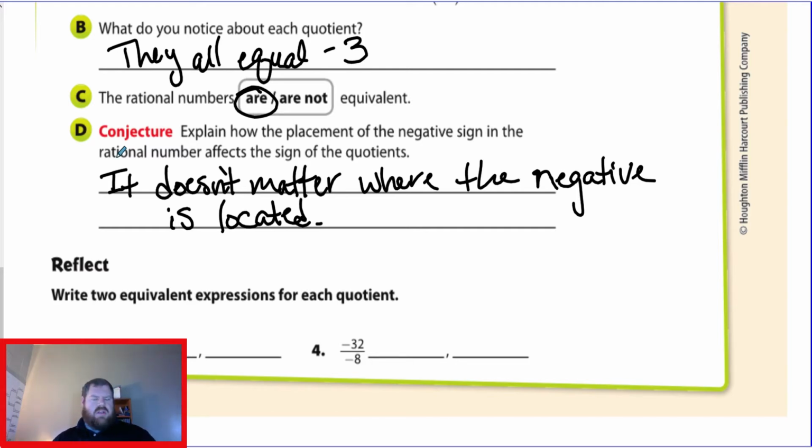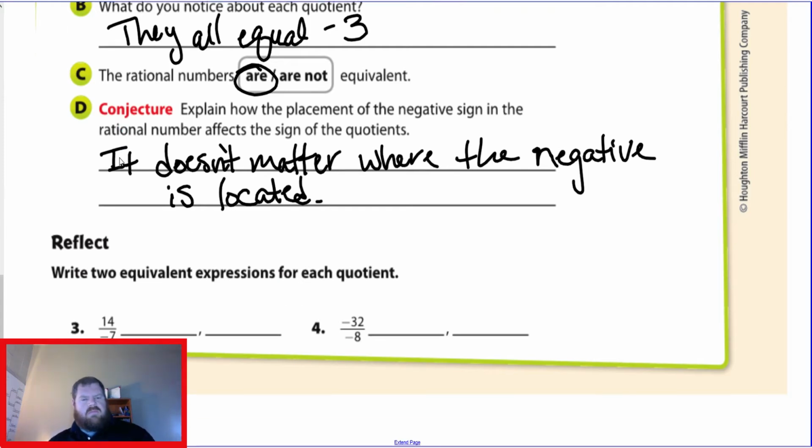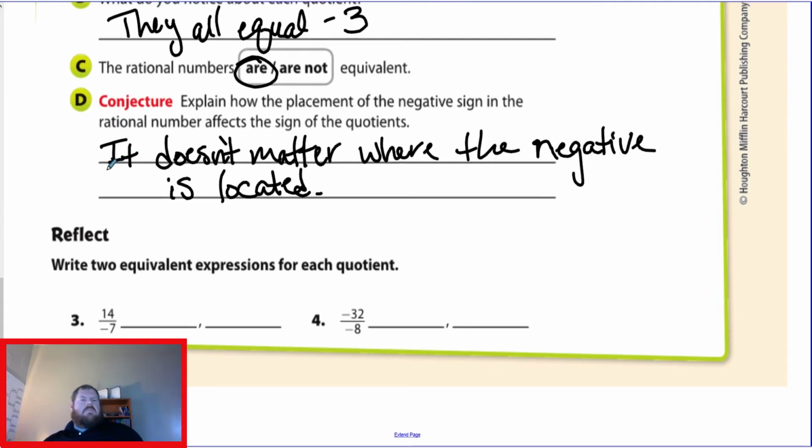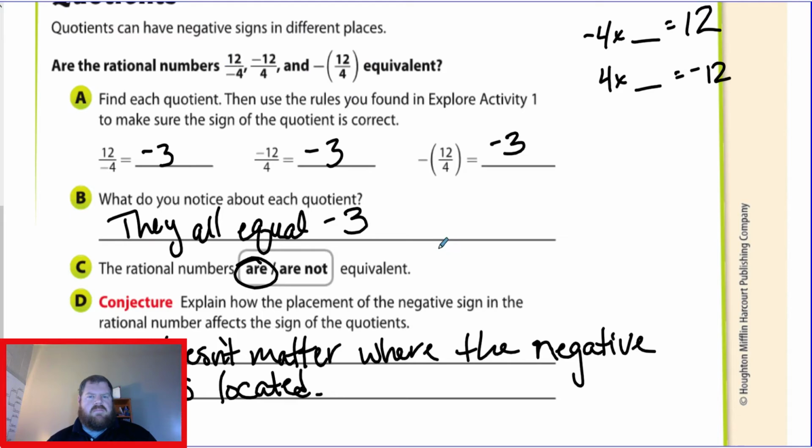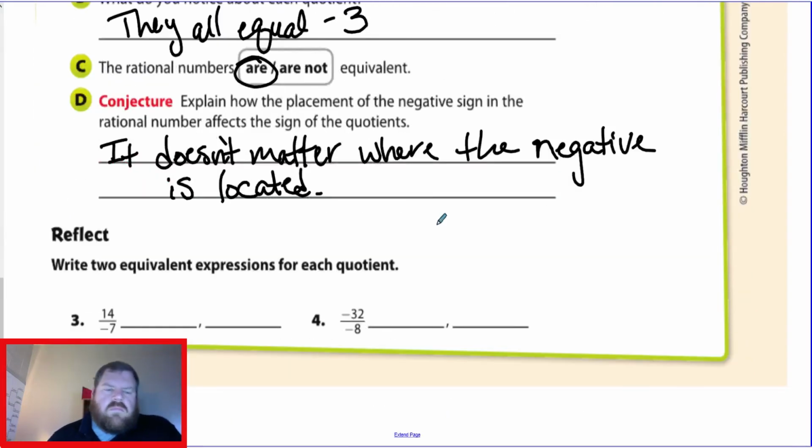So they want us to write 2 equivalent fractions for each quotient. Use the ones that are up above. Use the same idea as what's above these 3. So instead of negative 14 over negative 7, we could say negative 14 over 7, or we could say negative the whole thing, 14 over 7.